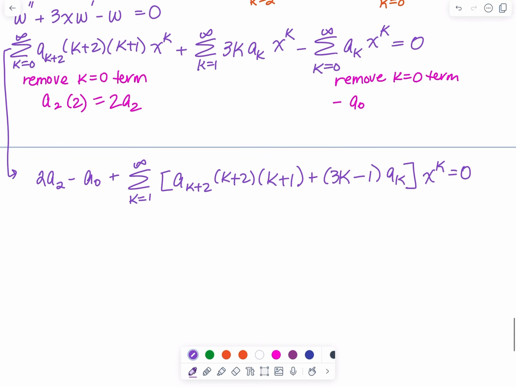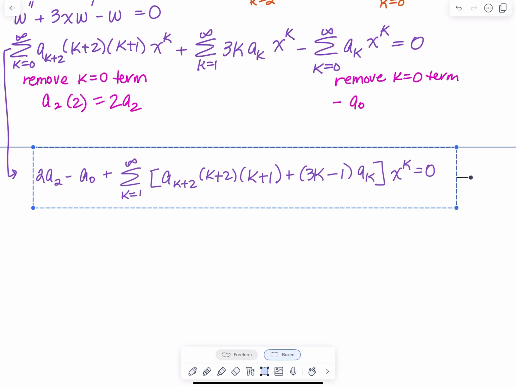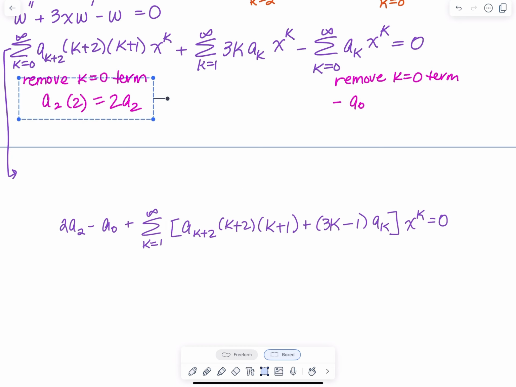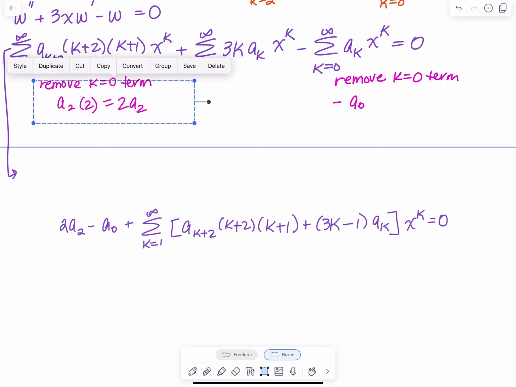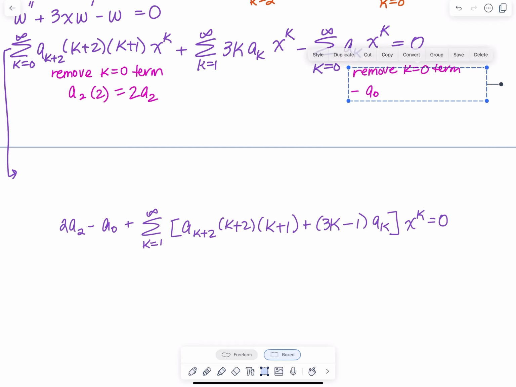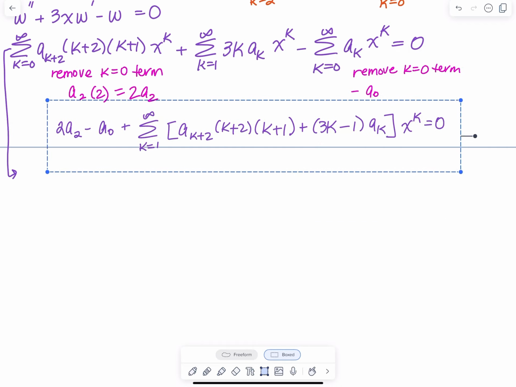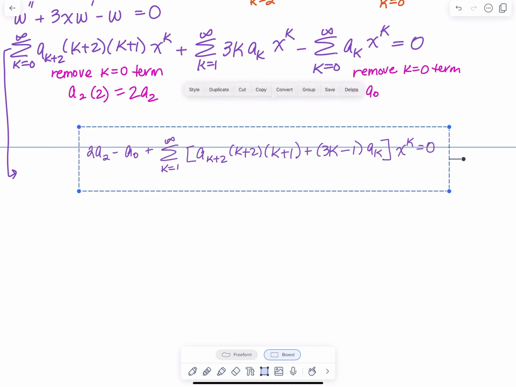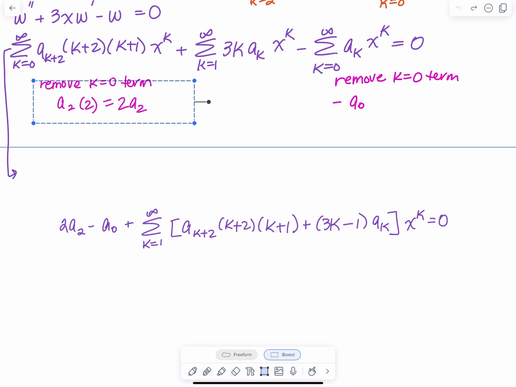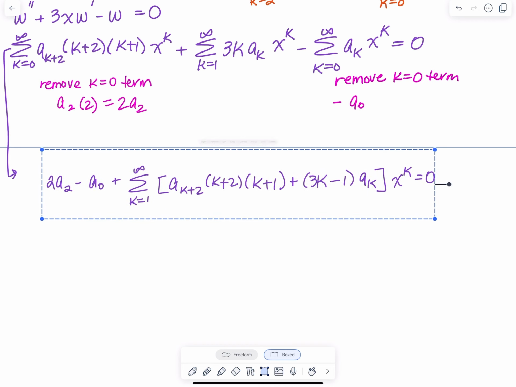So now what we need to do is work on our coefficients, setting every coefficient equal to 0. And let's do that right here. Let's just go back to the way we had it. So now let's do that.